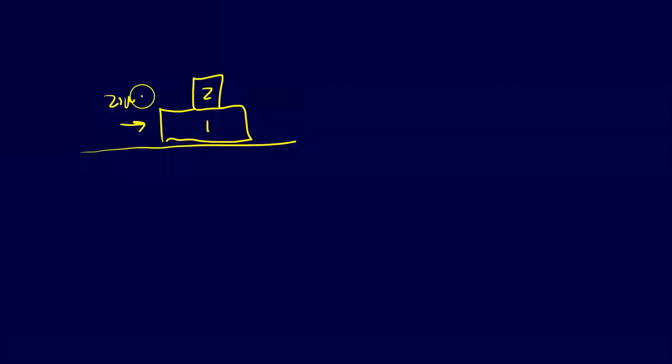So let's go back to this idea of thinking about the two blocks as one object. This is block 1, block 2. Now I'll do the same thing. I apply a 20 newton force on this. If I do Newton's second law, I can solve what that acceleration would be.